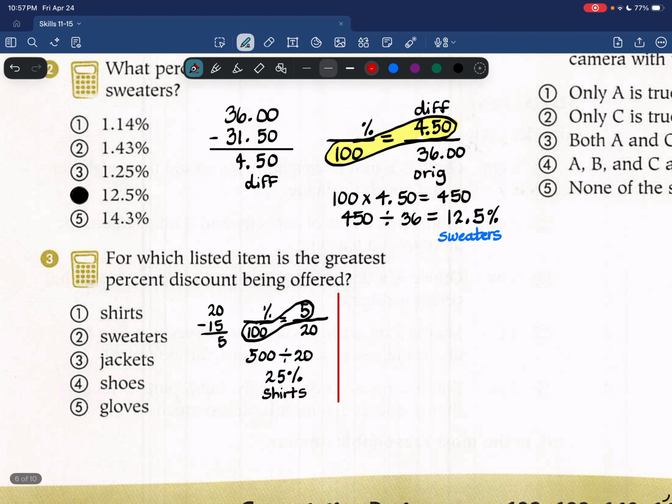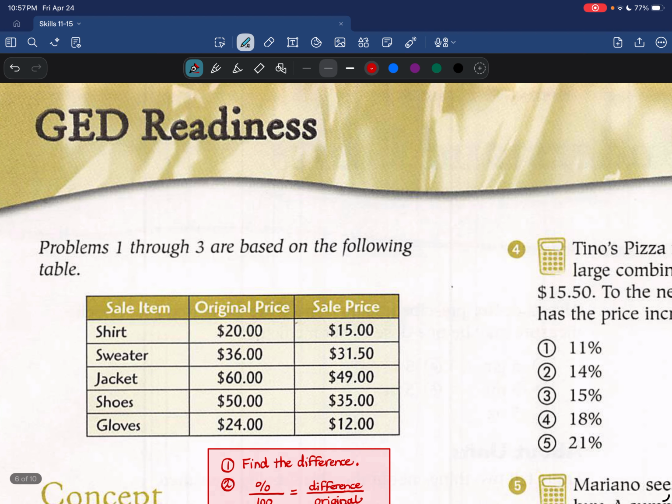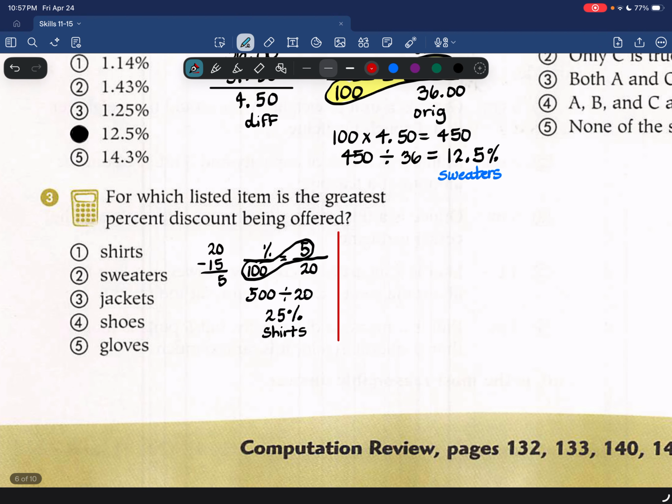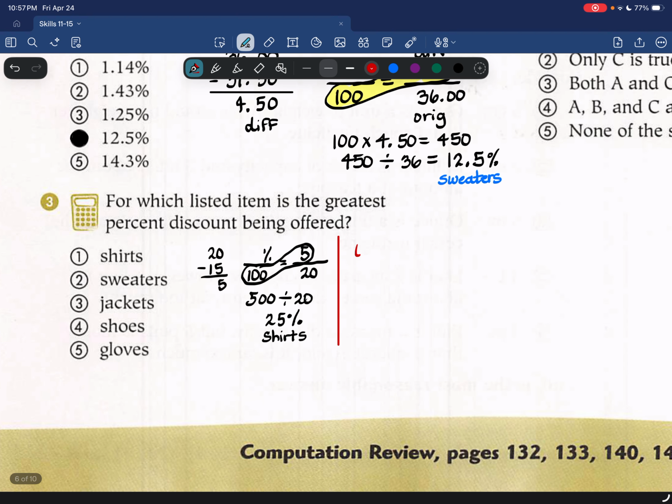All right, let's look at jackets. So we have $60 and $49. So 60 minus 49. You may use your calculator if you want to. That is a difference of 11. So let's set up the proportion. Put the 11 here, the 100 here, and the original for jackets was 60. So we have 100 times 11.